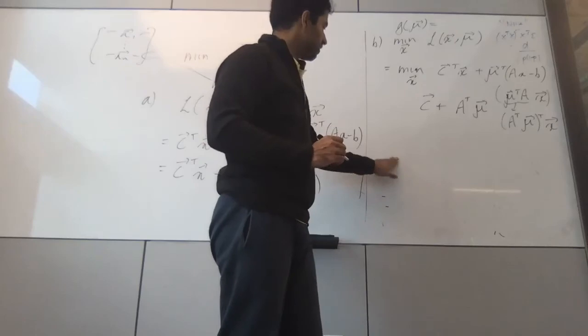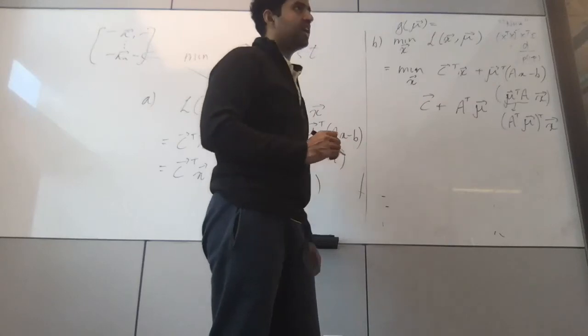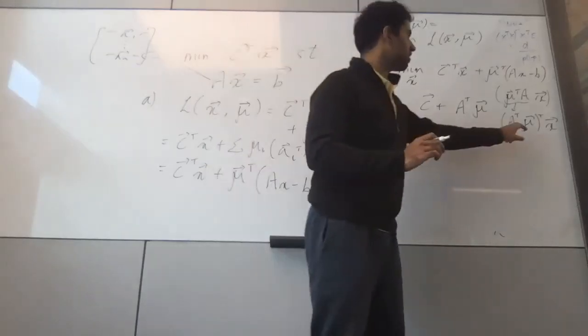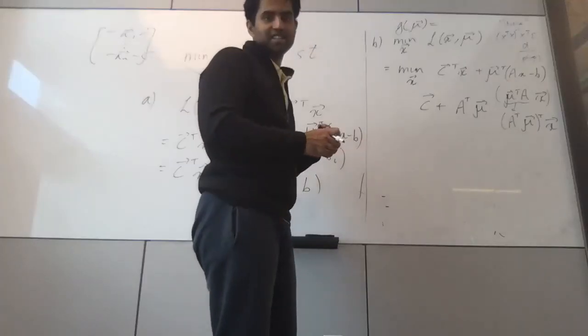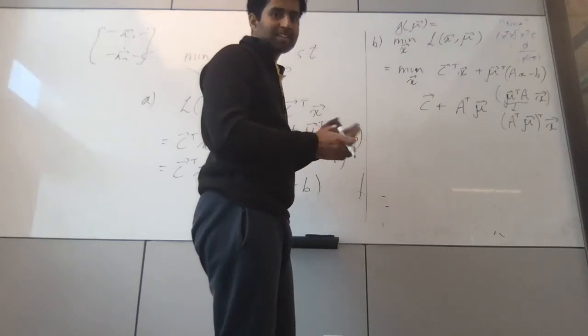Is mu transpose A the same thing as A transpose mu? It is. Mu transpose A is a row vector, and A transpose mu is a column vector. But they have the same entries; they're just transposes of each other.